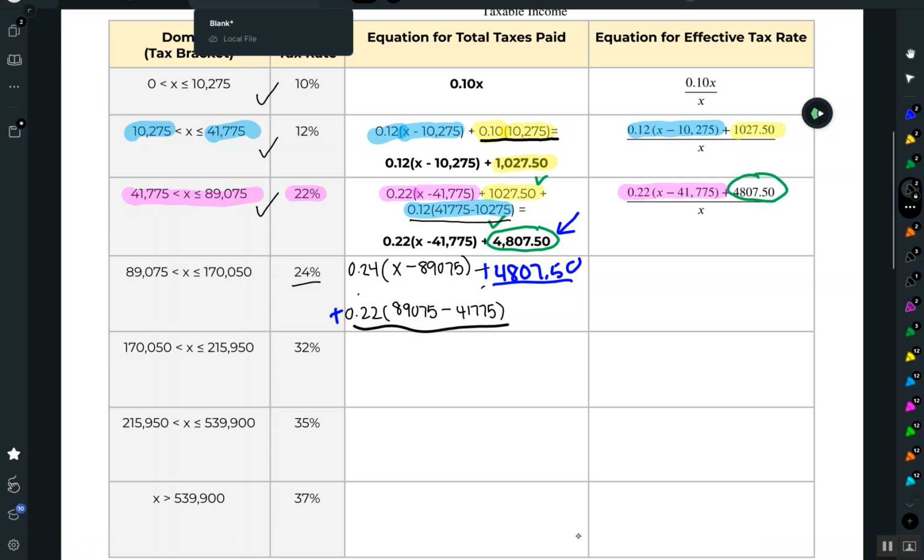I'm going to subtract 89,075 minus 41,775, and I'm going to multiply that by 22%. That is 10,406. And I'm going to add that to the 4807. Oops, I totally messed up.